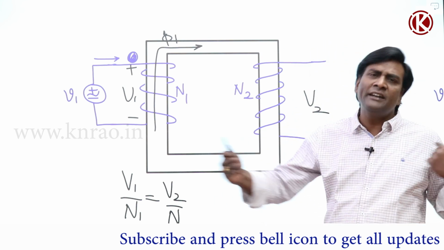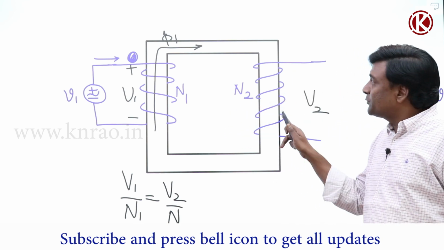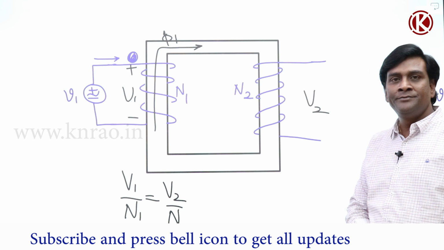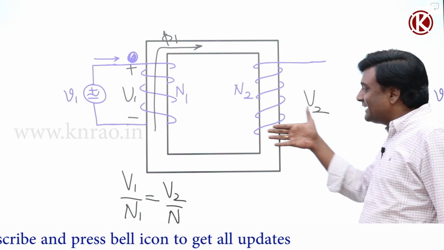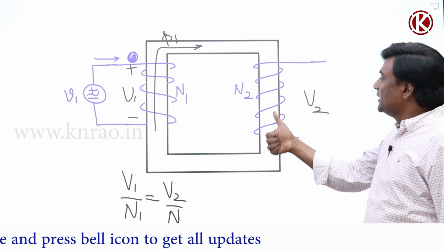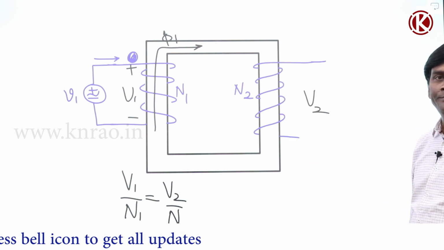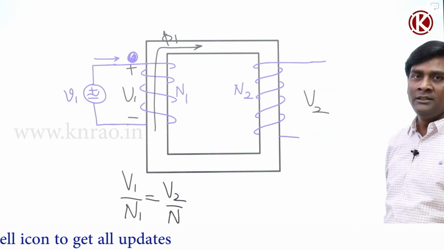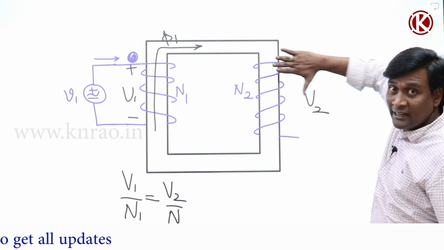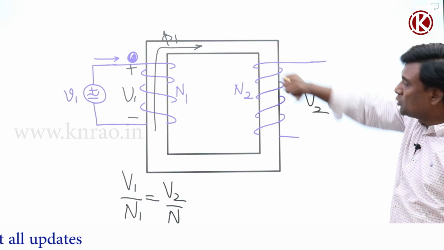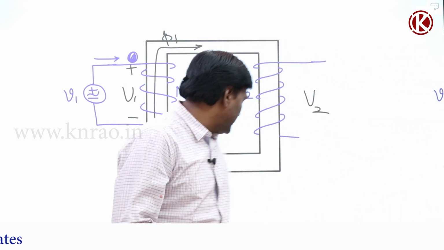As I have been telling from the start, it is the terminal where injected current makes this flux aid the other flux. If my current is entering here, it is opposing. This current-created flux will oppose φ1. If my current is entering here, by the right hand thumb rule the flux will be in this direction, so automatically φ2 will aid φ1. So we have to keep the dot here.